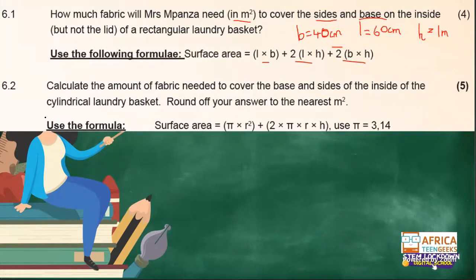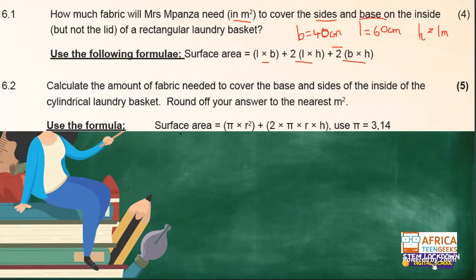Okay, I actually don't have much time, but let's just read 6.2 together. Calculate the amount of fabric needed to cover the base and the sides of the inside of the cylindrical laundry basket. Round off your answer to the nearest square meter.